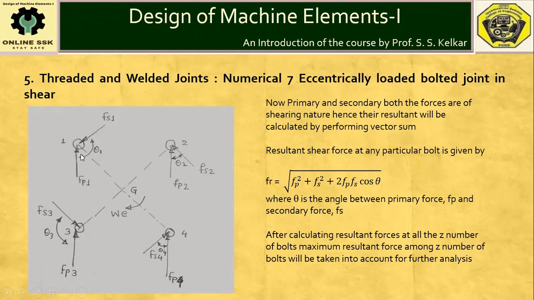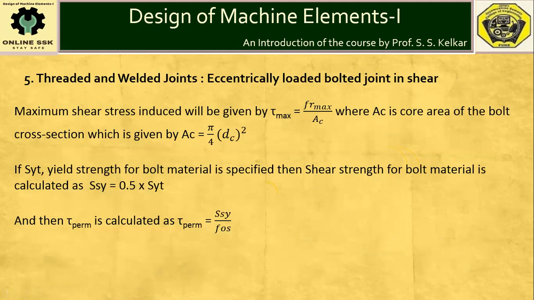Assuming identical bolts at all places in the bolted assembly, the bolt which experiences maximum resultant shear force is called the critically loaded bolt, and the design will be based on this critically loaded bolt, that is, on the maximum shear force as experienced by any of the bolts. This maximum shear force divided by core cross section area is the induced maximum shear stress, which is then equated with permissible shear stress.